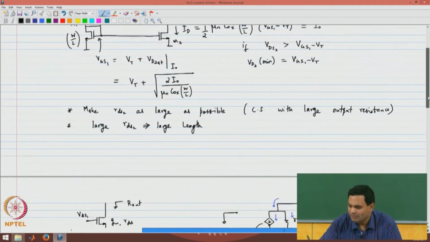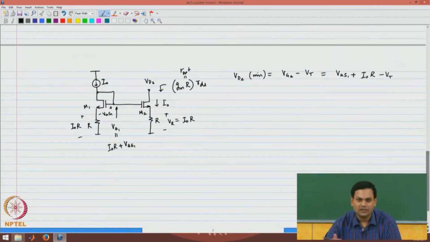So, clearly what is happening is, it looks like a better current source, but now the voltage compliance at the output has now gotten worse. So, I cannot arbitrarily increase the resistance R, I need to find out a different way of doing this.